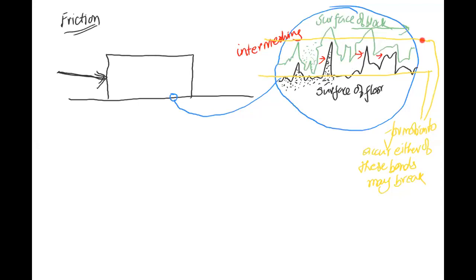But this resistance will have an upper limit. This resistance will not be infinite. And when that upper limit is reached, these bonds will break and motion will occur. So these are the two things about friction that we must understand. This is the microscopic explanation of friction.